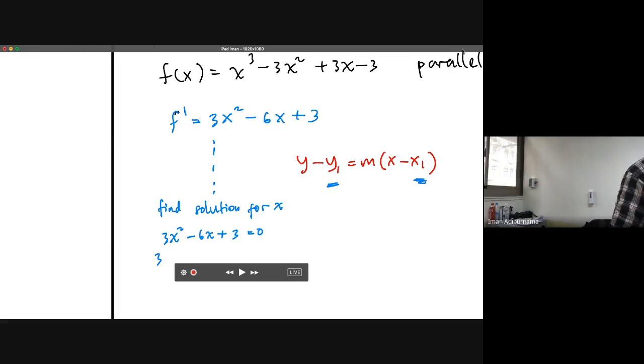You can write this as, oh wait, it's not 0, right? It should be our gradient.